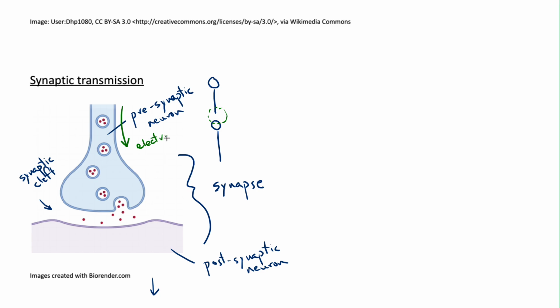But when that electrical signal of the action potential reaches the terminal, it causes an influx of calcium ions through ion channels, and those calcium ions actually serve as a trigger for exocytosis of vesicles containing neurotransmitter. So these red dots are neurotransmitter.